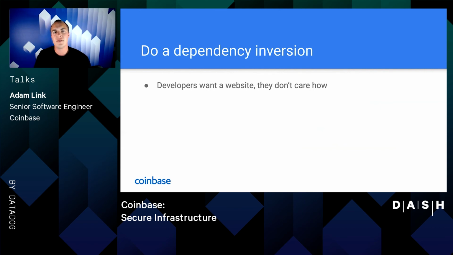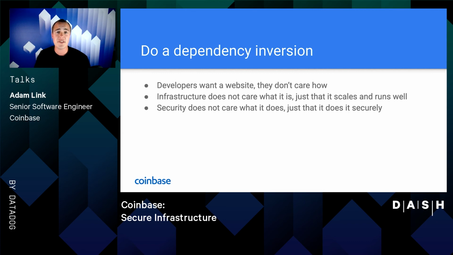Developers don't really care how they get a website. They just want a website. Infrastructure doesn't really care what they're running as long as it scales and scales well. And your security team doesn't really care what it does, just so long as whatever it is is being done securely.